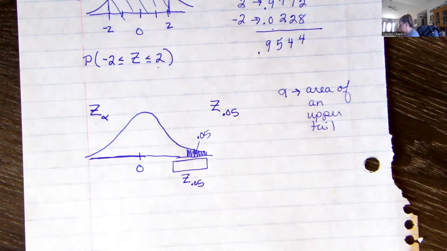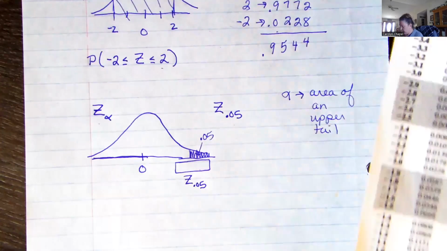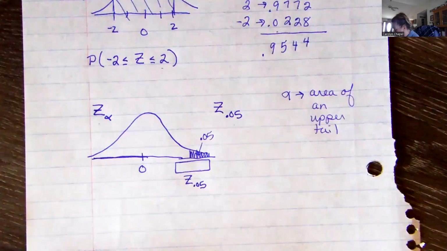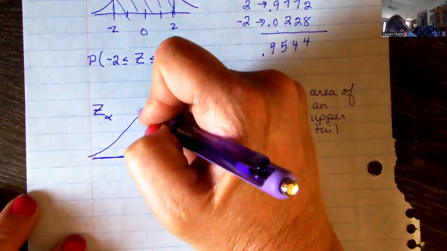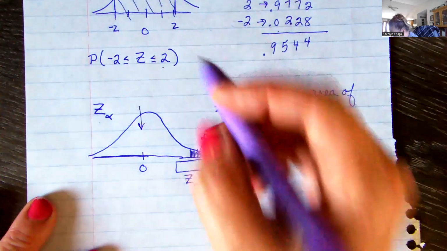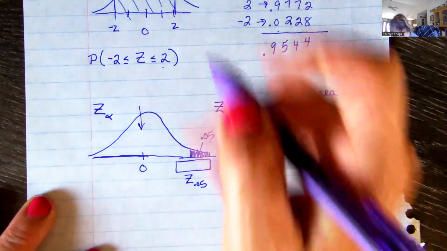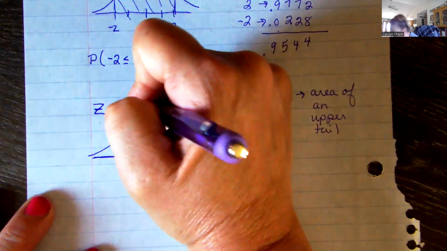To do this on our tables, we need to find the area of 0.05. Well, our area on our table is always to the left. So we have to do a little bit of math. If this is 0.05 up here, the rest of it, remembering 1 is under the entire thing, is 0.95.